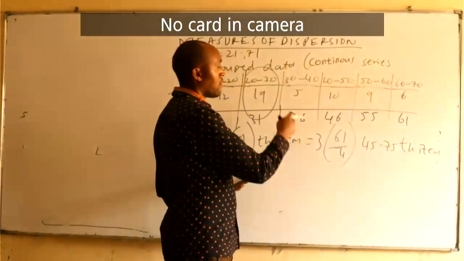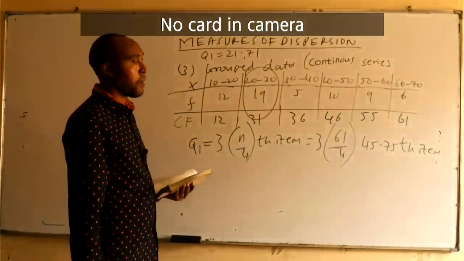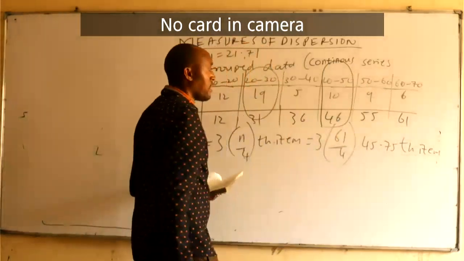So we go back to our calculated frequency. We look for a number which is 45.75, or a number which is closer, which is 46.